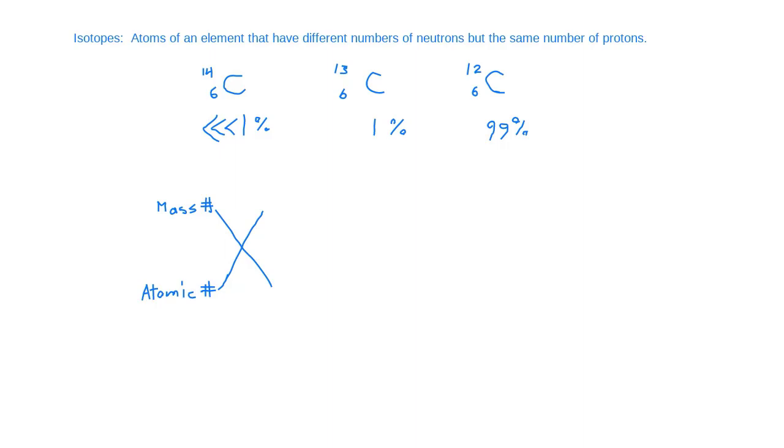Okay, so the atomic number is basically the same as the number of protons, and the atomic number is also on the periodic table. You can find it on the periodic table.